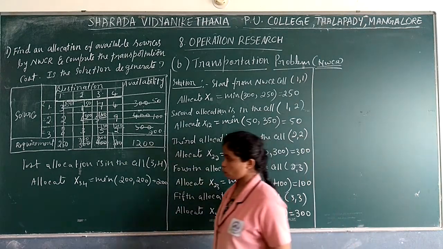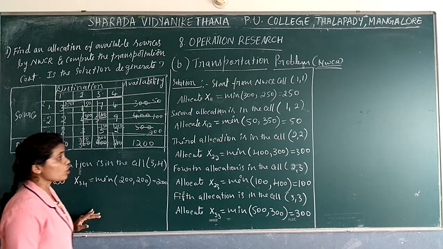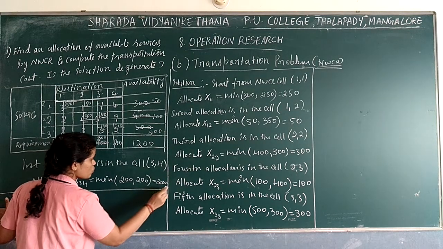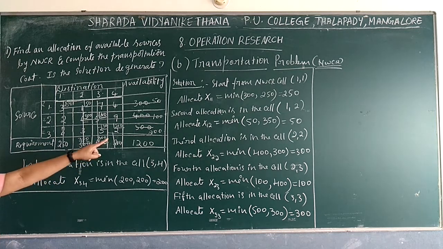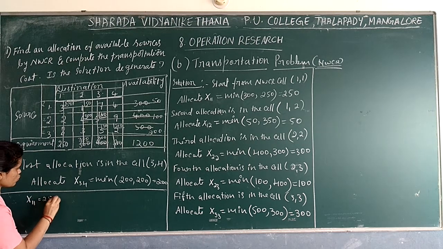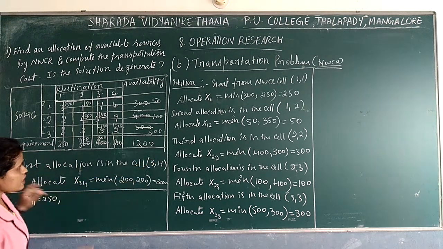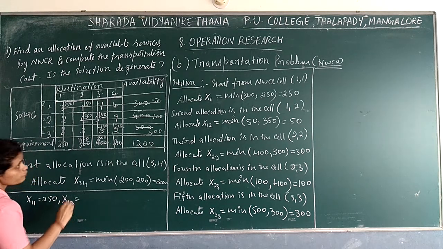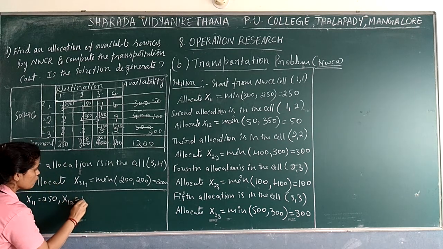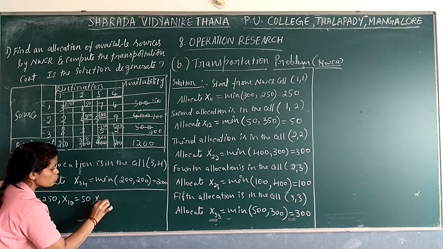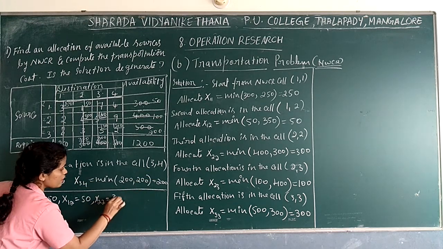Now what we have to do? Now we have got the allocations, so write the allocations. First allocation, that is x11, is equal to 250. Next allocation x12 is 50. Then third allocation x22 is 300.